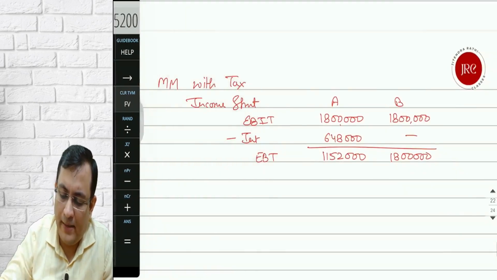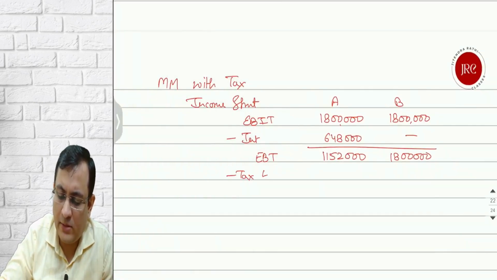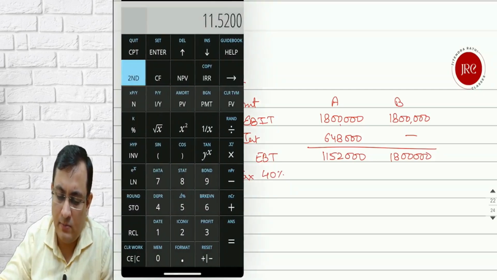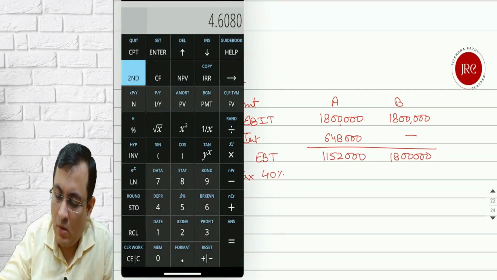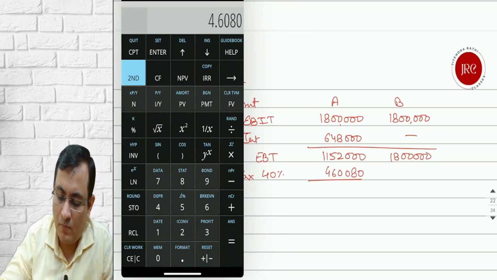Now you have to pay taxation at the rate of 40% because here we have tax. Let us check it again.